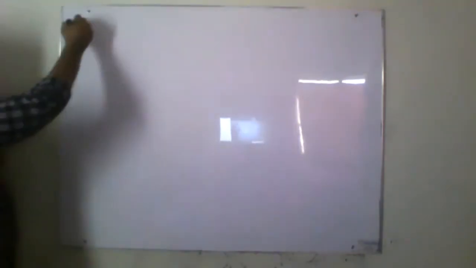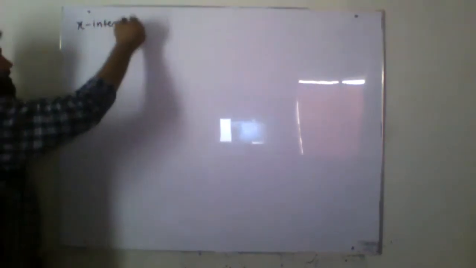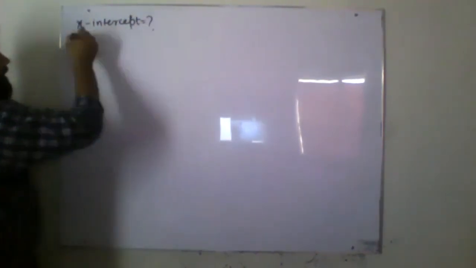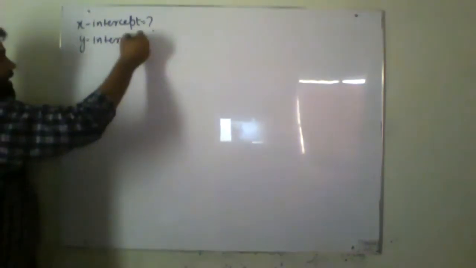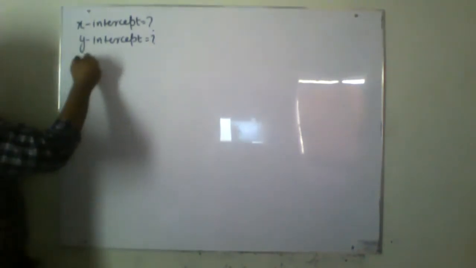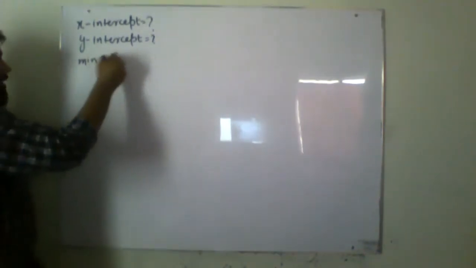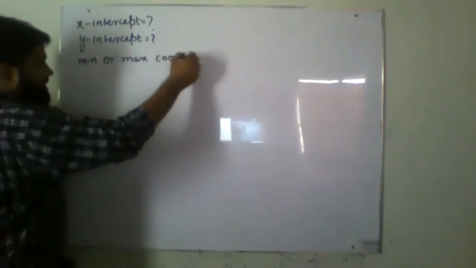Okay. Now, for instance, how am I going to solve it? What they have asked for, I'm writing. For each curve they have asked us to give the x-intercept, give the y-intercept, and find the minimum or maximum coordinates.